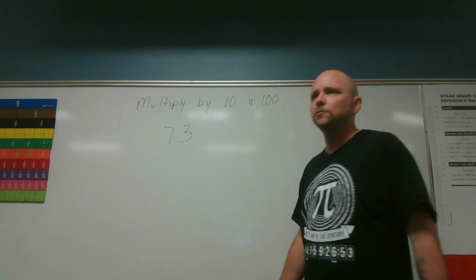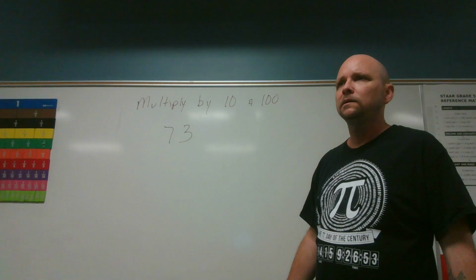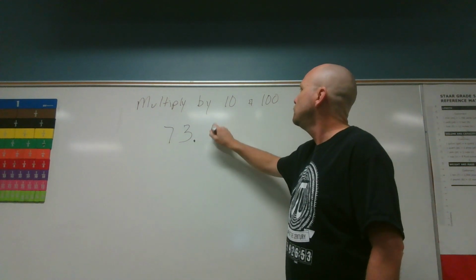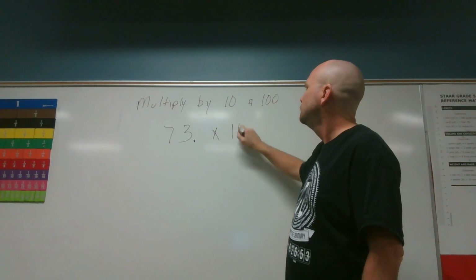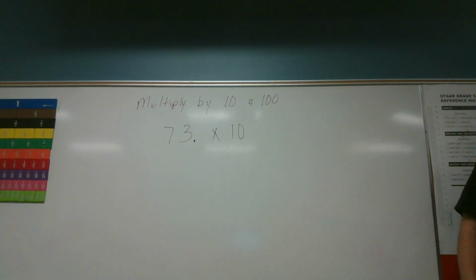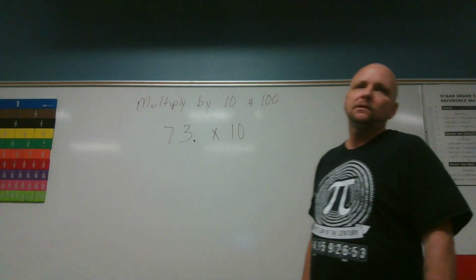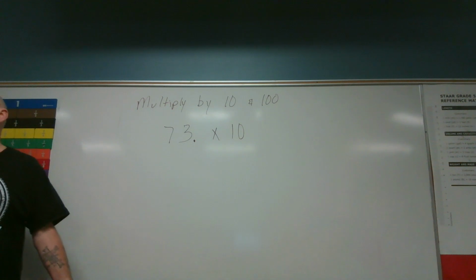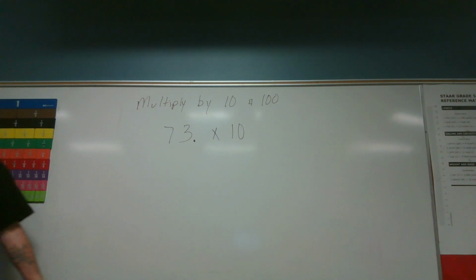Alizé, you told me my decimal point was where? Behind the 3, because it's behind the ones place. If I multiply 73 times 10, each and every single one of you could do this. But what you say when you do this is you say, just add a 0. And that's not accurate.